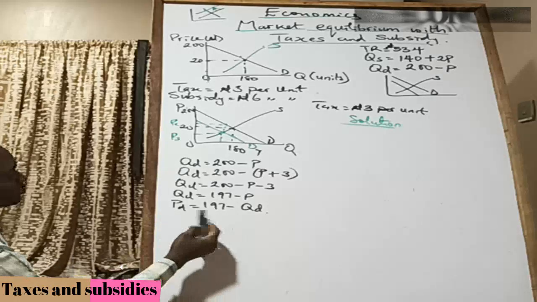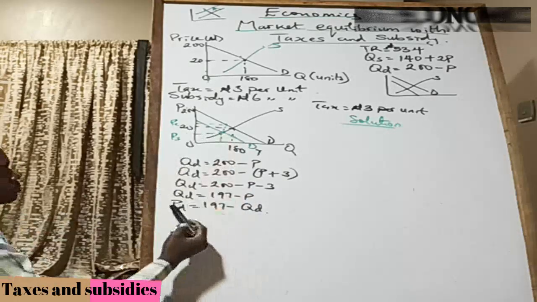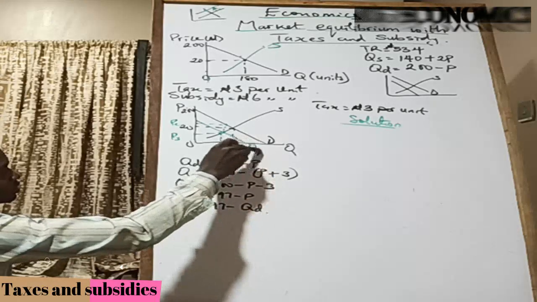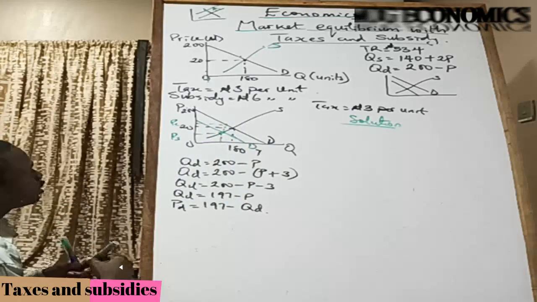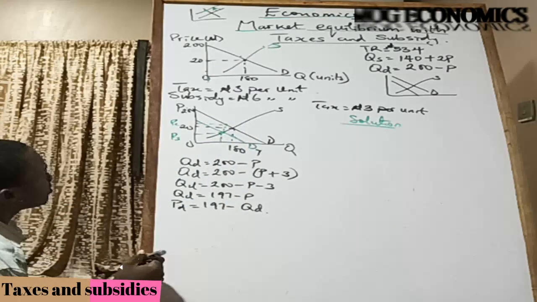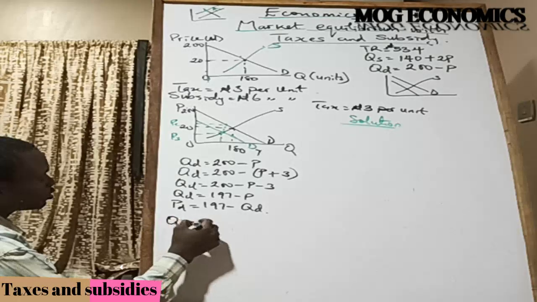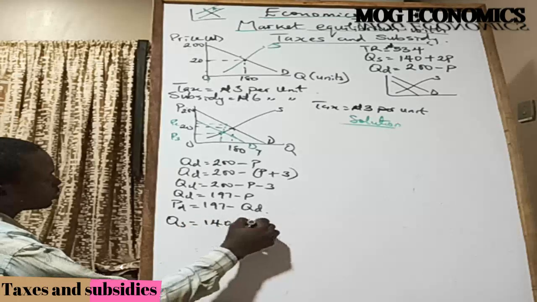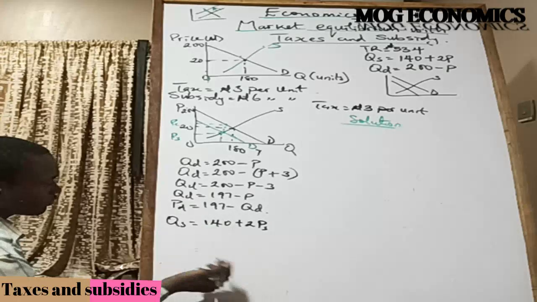So at this point, the first thing that we need to get is the QD, which you can get from equating this PD for the new demand curve, the inverse demand function, to the old supply function. So initially the supply function was QS equals 140 plus 2PS. So just convert the whole thing.